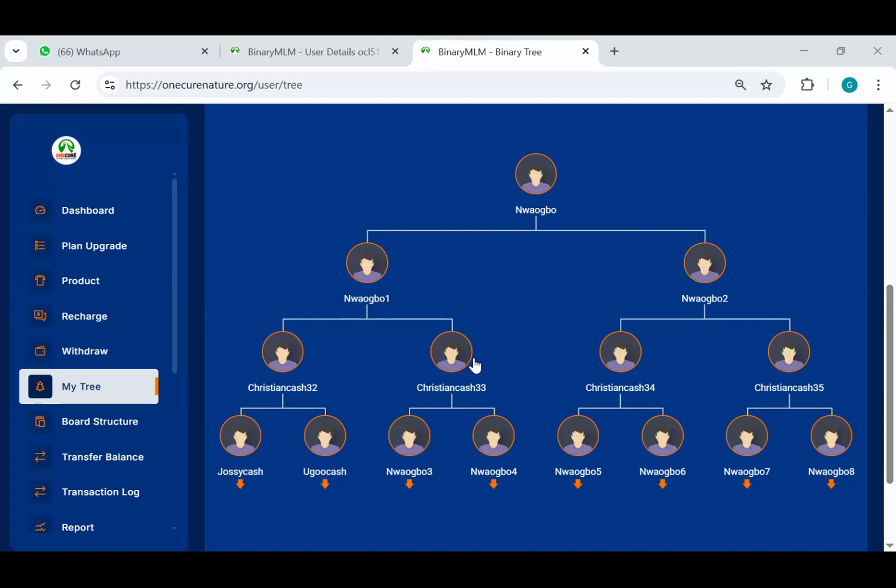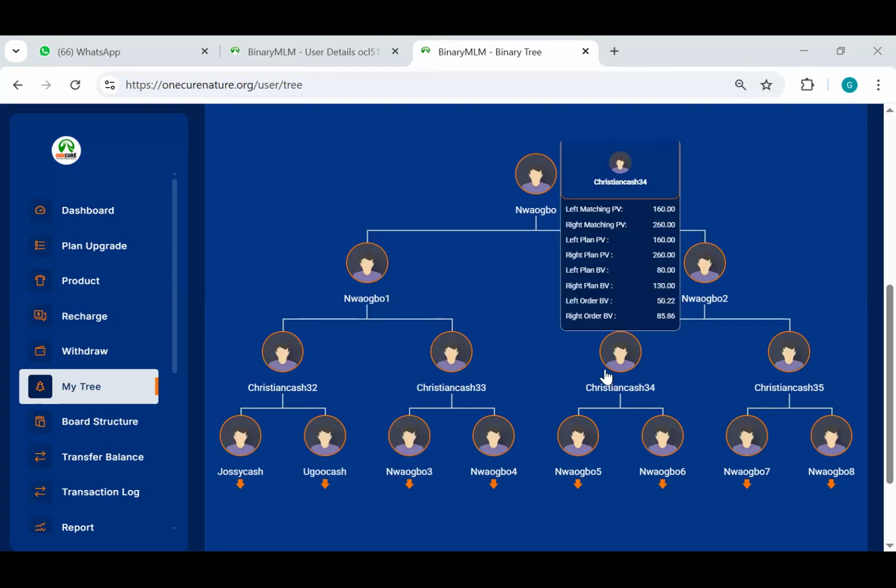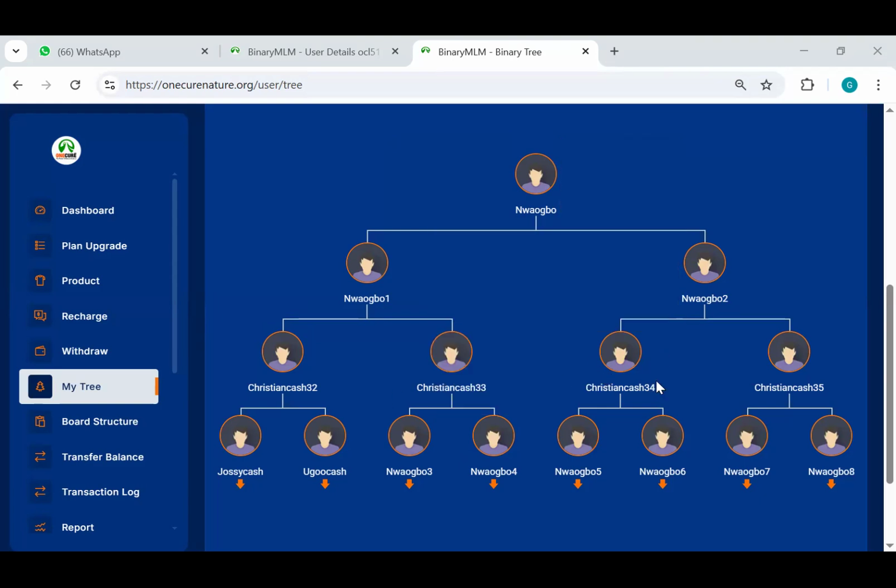This arrangement was done because these were fast-moving registrations, so that they can hit the boards. But now the team wants to work with real people. They're already working with real people right now. So what we are telling you is that the system can reposition your people for you in a way that you can now be working with real people.